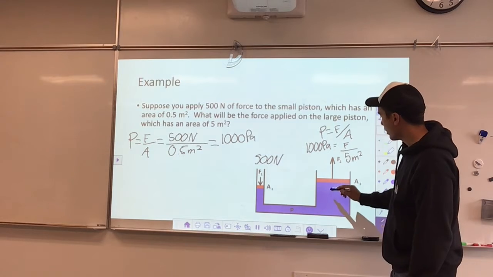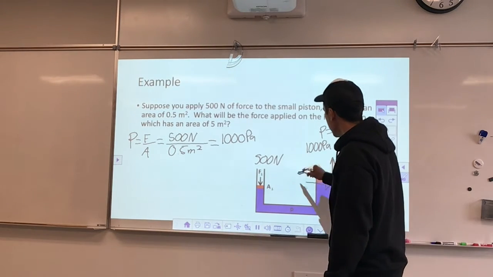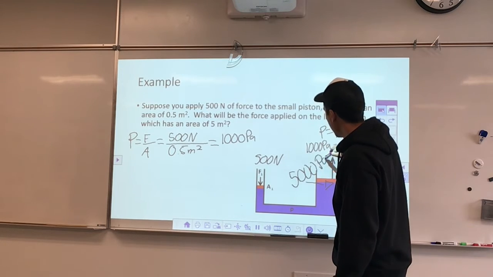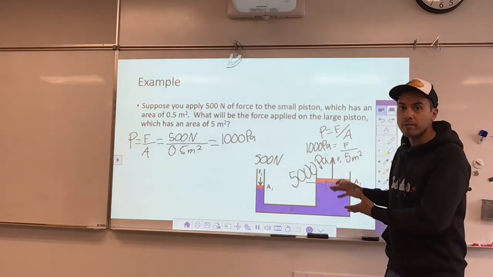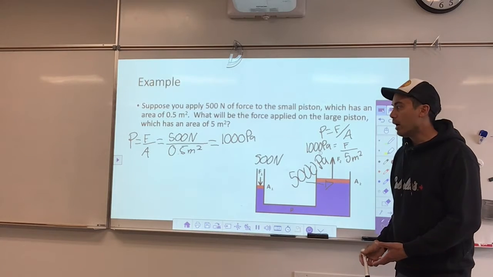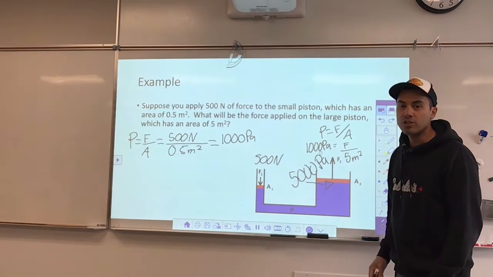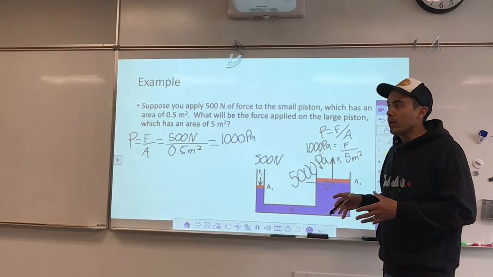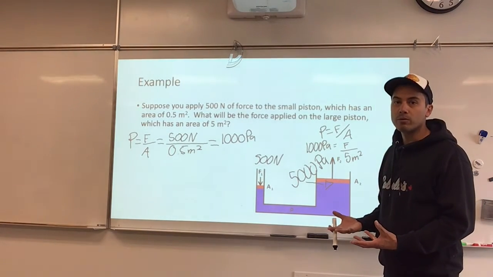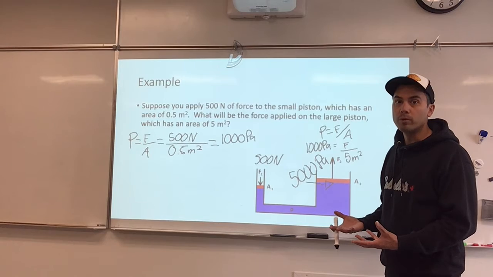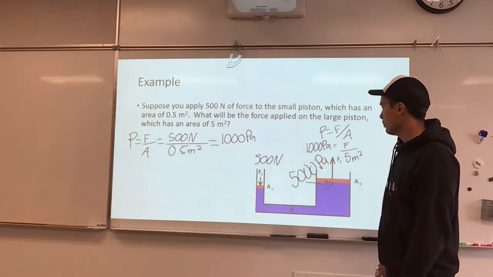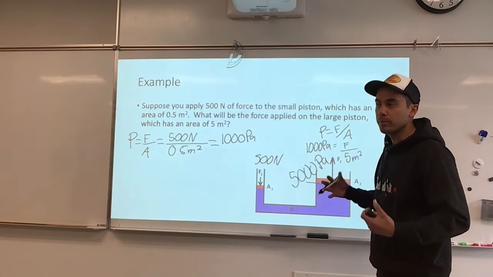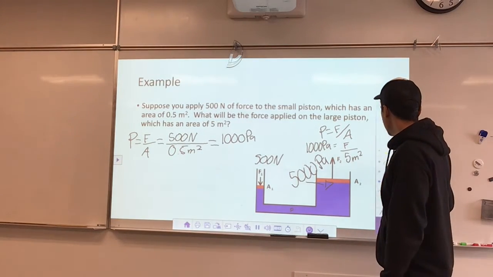And what I see is that the force here is 5,000 newtons. So I'm multiplying my force by 5. And if we think about mechanical advantage, I'm getting a mechanical advantage of 5. I'm able to do 5 times the amount that I normally could. So that's how hydraulics can help us move these big loads.